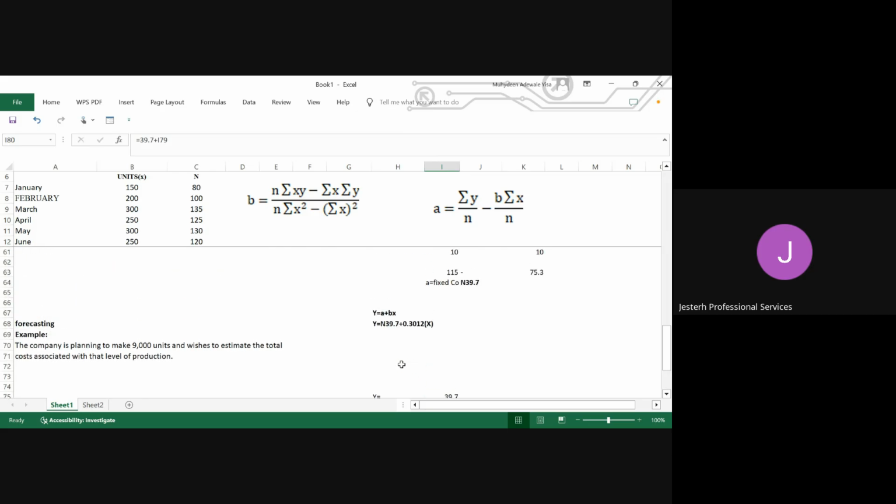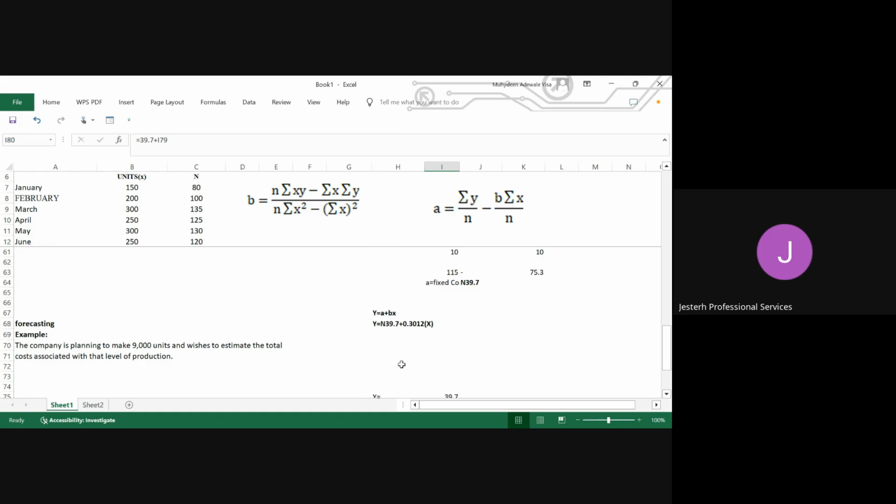In cost segregation as an estimation, the purpose is to help us split our mixed costs. We can have semi-variable costs, which also stand for mixed costs.